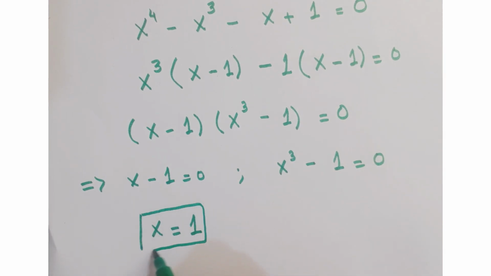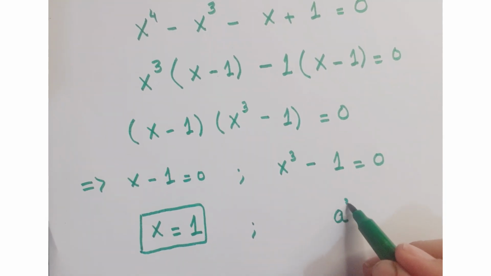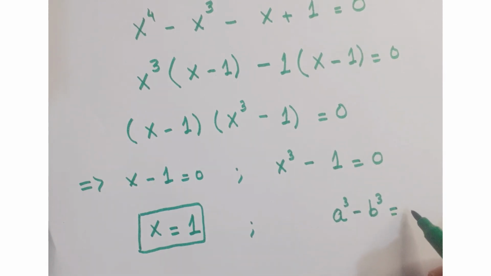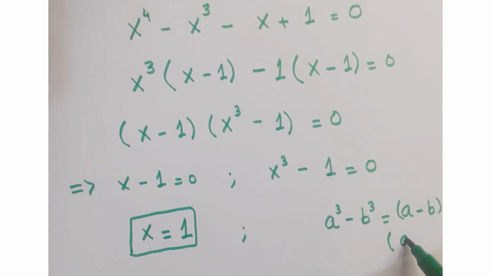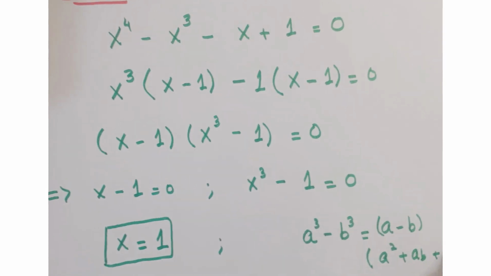So this is one solution of x, and here you are going to apply the cubic formula, that is a cube minus b cube is equal to a minus b into a square plus ab plus b square.